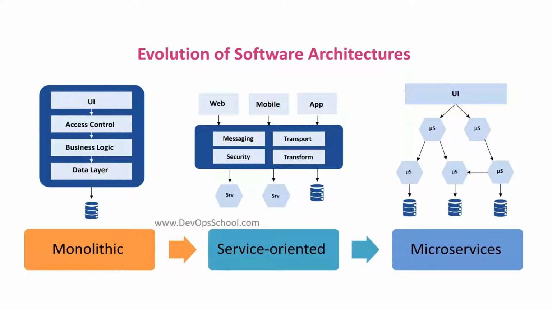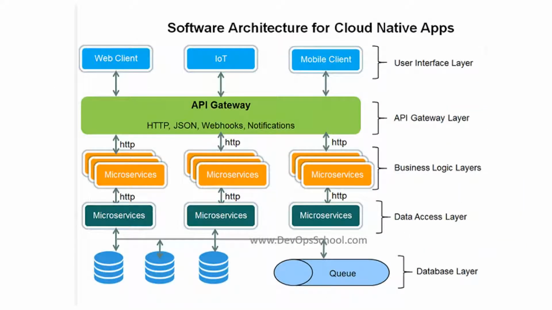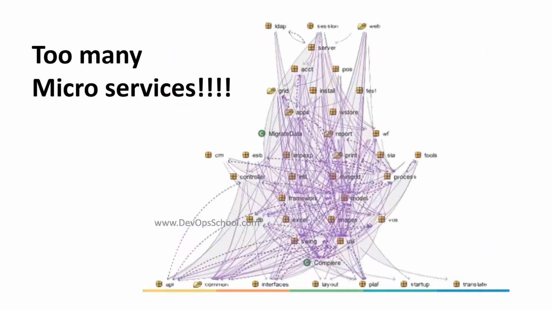From monolithic, we became service oriented, and now we are getting into microservices. You see so many microservices, so many databases, and all this stuff. So when you make a call for one transaction, so many microservices are involved to offer you that response.